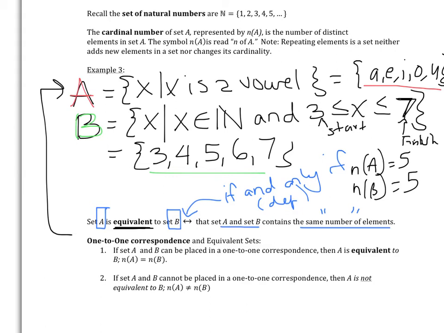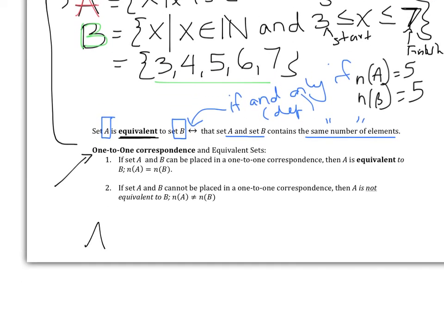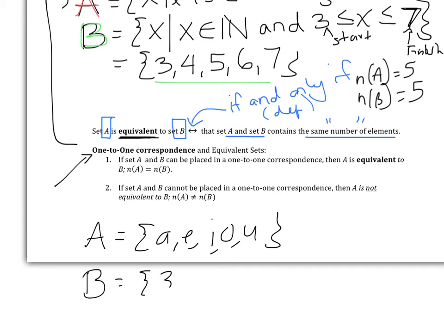But we can set up this one-to-one correspondence, which basically says, if I write my set A, so A, E, I, O, and U, and my set B, which is 3, 4, 5, 6, 7, and you can set up a one-to-one correspondence with arrows, so A goes with 3, E goes with 4, I goes with 5, O goes with 6, and U goes with 7, then there's a one-to-one correspondence, so we can say these sets are equivalent.